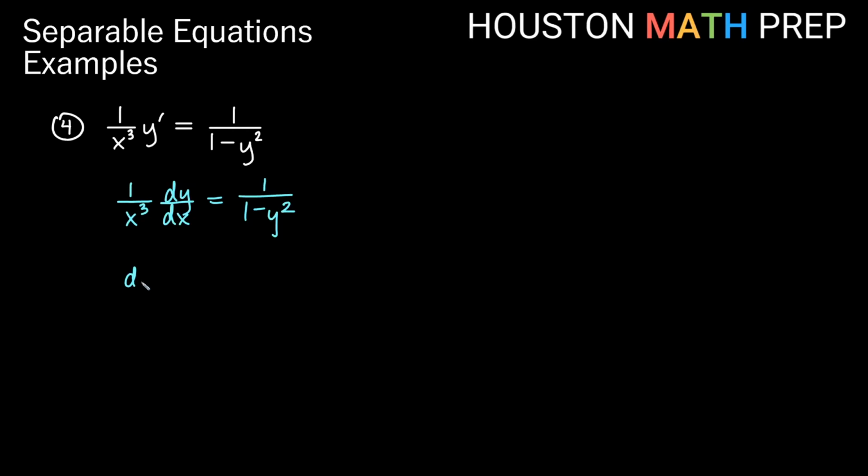So that would give me dy equals, we'll do this in 2 steps so we don't lose anybody, 1 minus y squared, and then I multiplied x cubed and dx to the other side, so there they are now. And now I have divide by 1 minus y squared, so I really need to multiply 1 minus y squared to the other side to get it with dy. So if we do that, we'll end up with 1 minus y squared dy is equal to x cubed dx.